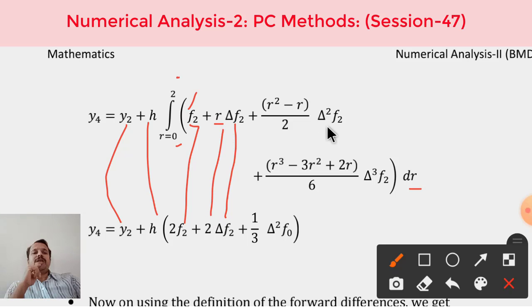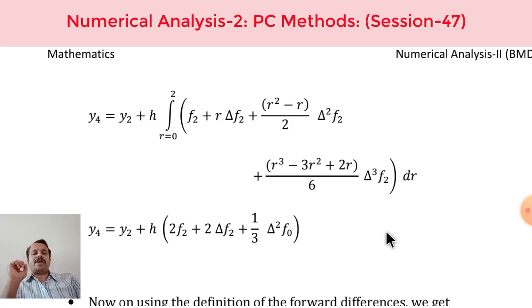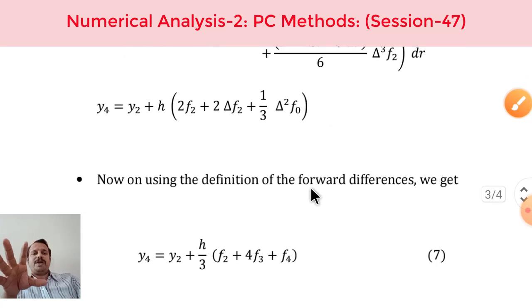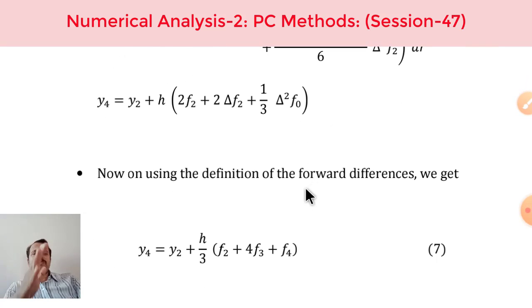I will keep this delta square f2 by 2 as it is, and I will simplify. I will integrate this between the limits 0 and 2, and I will get 1. So this is f2 in fact, please make it f2. Like this, these terms I will be having, I will not look at this term, only these 3 terms are required, only those 3 terms I will keep. This is simpler than Adams-Bashforth, that is why we are considering it.